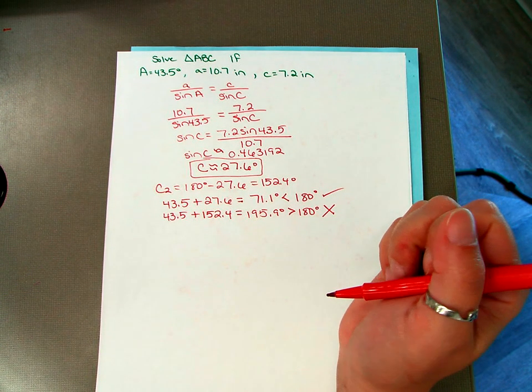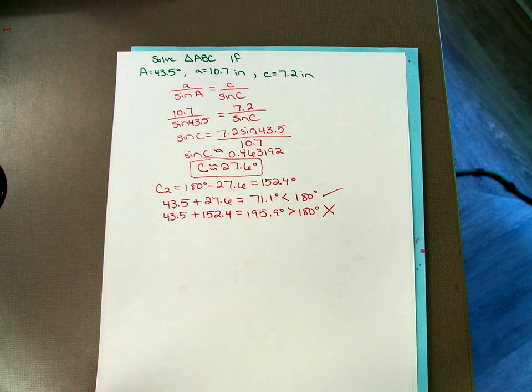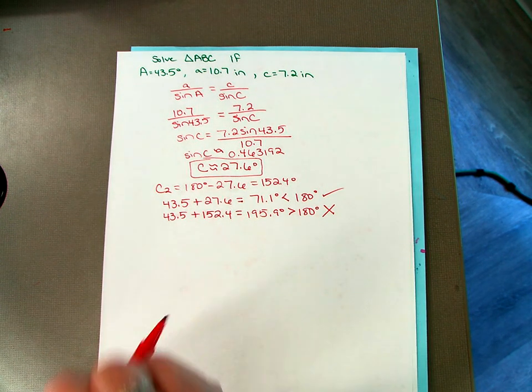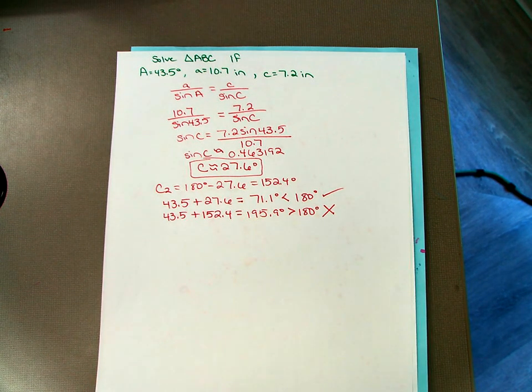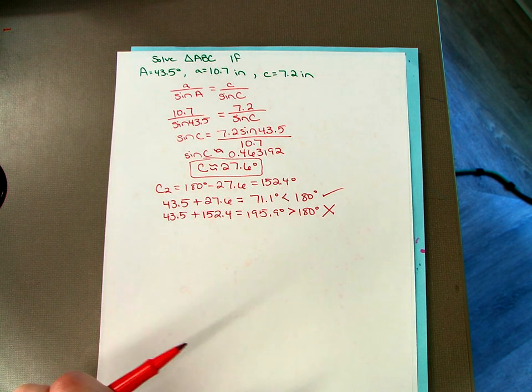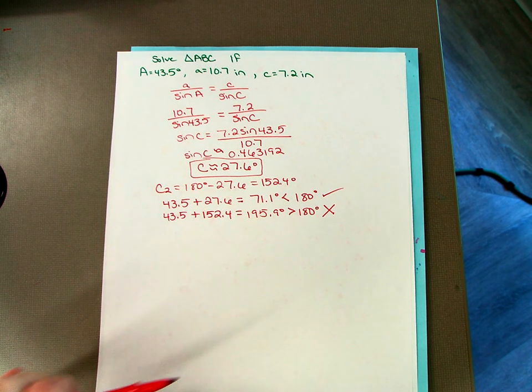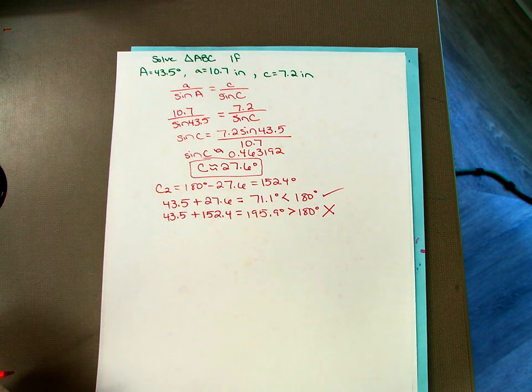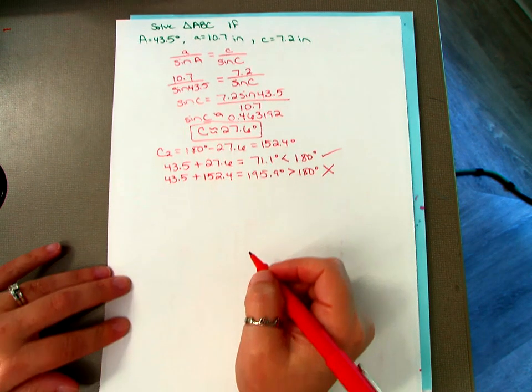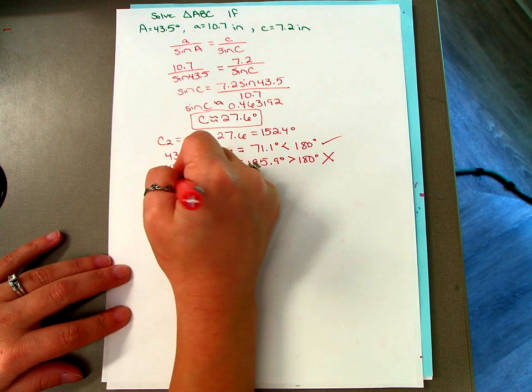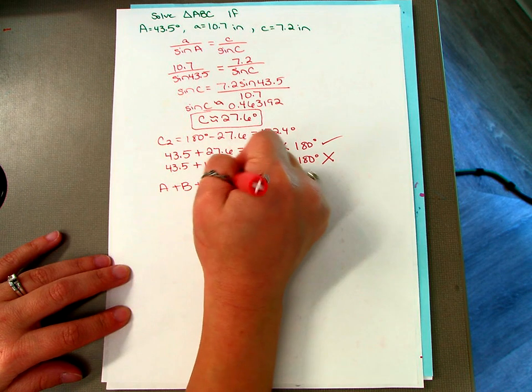So now we know A and C. What do we come up with next? We're missing side b and angle B. Are we going to find the side first or the angle first? Yep, we're going to find the angle first. A, B, and C have to give me 180. We know A and C equals 71.1.